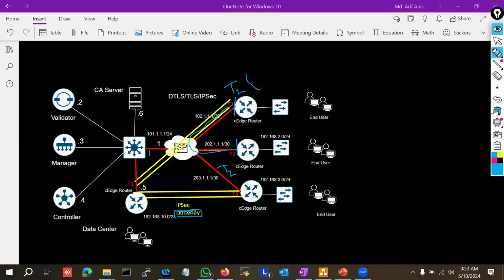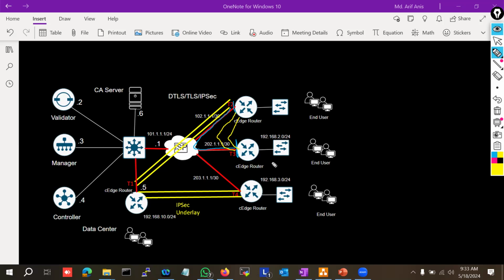When these two TLOCs are reachable, automatically it will form an IPsec tunnel. There will be no manual intervention. Using this underlay, this IPsec tunnel will be formed automatically.